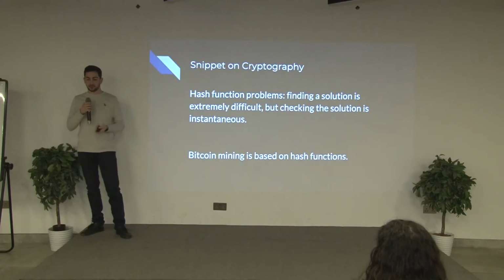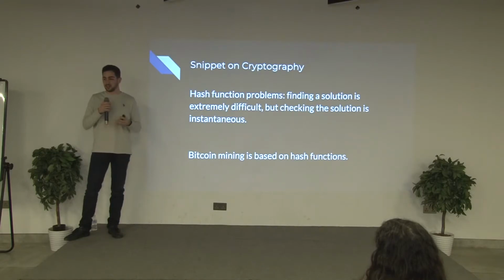The interesting property in them is that they're extremely difficult to find solutions to, but they're instantaneously verifiable. You can check these solutions as soon as you find them immediately. So trying to forge a transaction, trying to display fake information, it will immediately show up because the hash function solution will be completely incorrect.